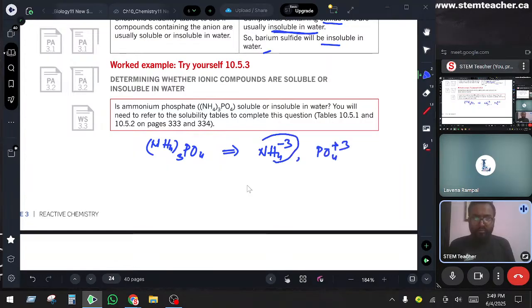Ammonium is soluble or insoluble? Carbonates, phosphates, and sulfides are insoluble, but ammonium is soluble. You can see the same explanation: it is soluble.